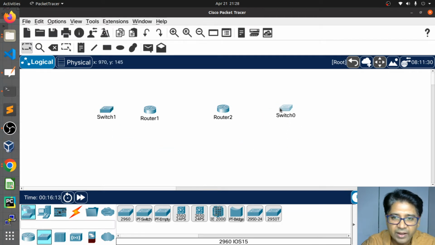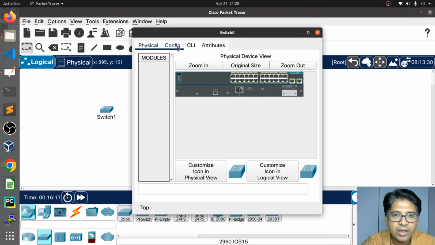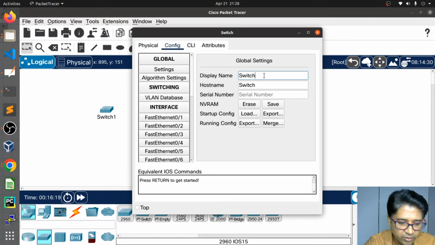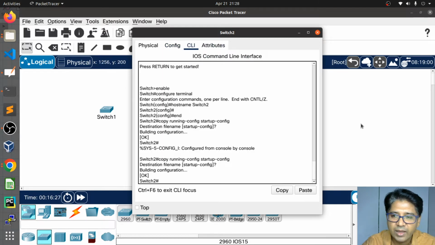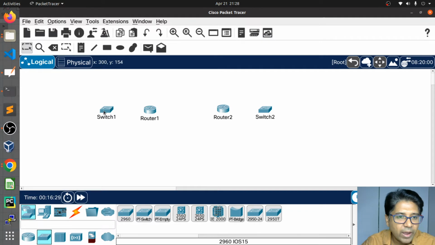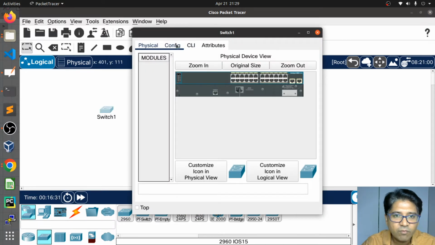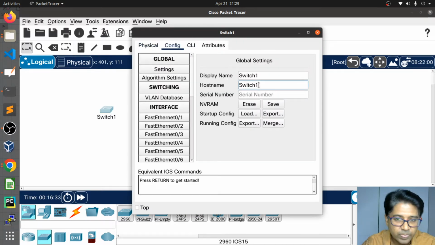This is one of the simplest forms of network. I will give the switch names, save them, and the configuration part is completed.